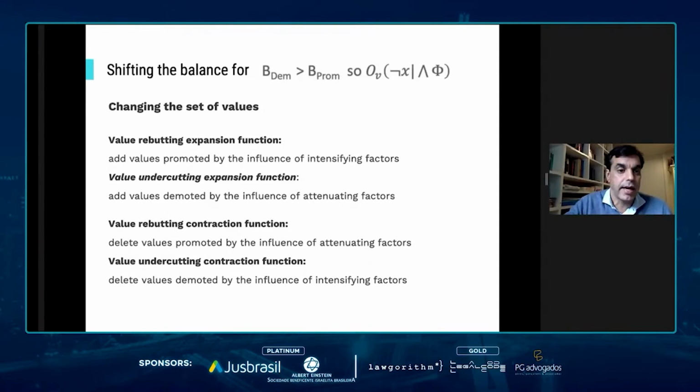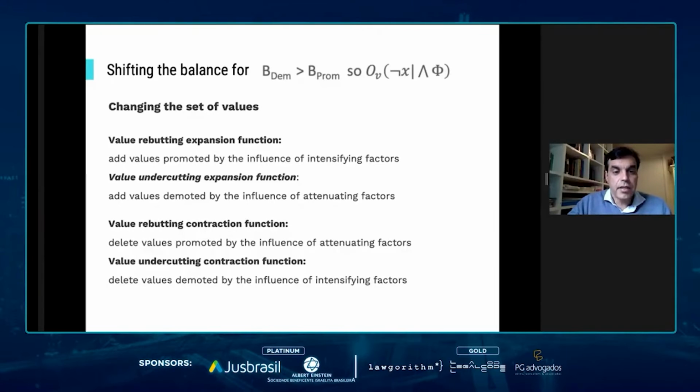And what is that? If you add values promoted by the influence of intensifying factors, you strengthen the opponent by adding values, but you may also weaken the winner by adding values. And this will be a value undercutting expansion function.